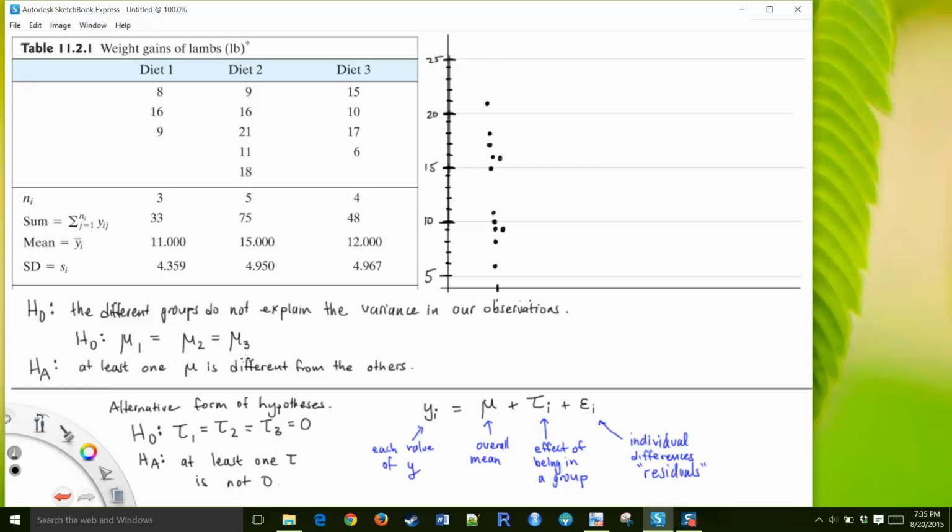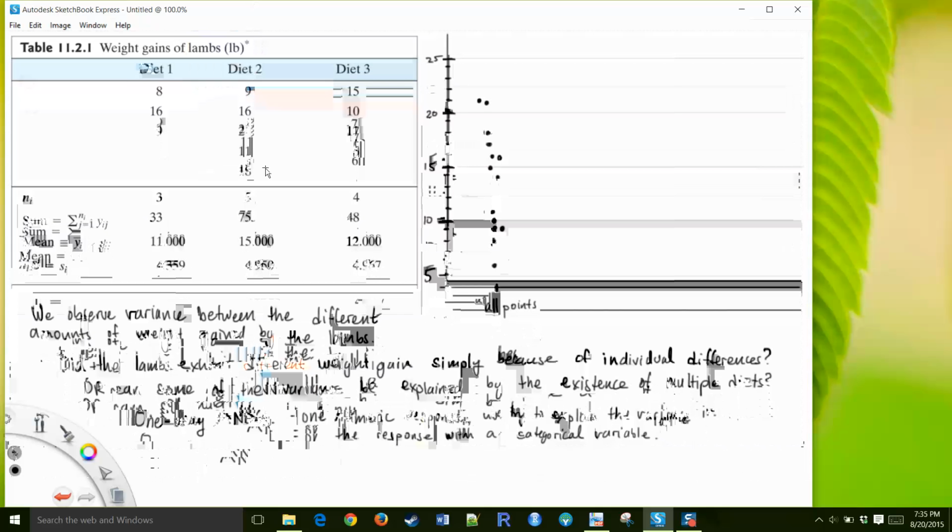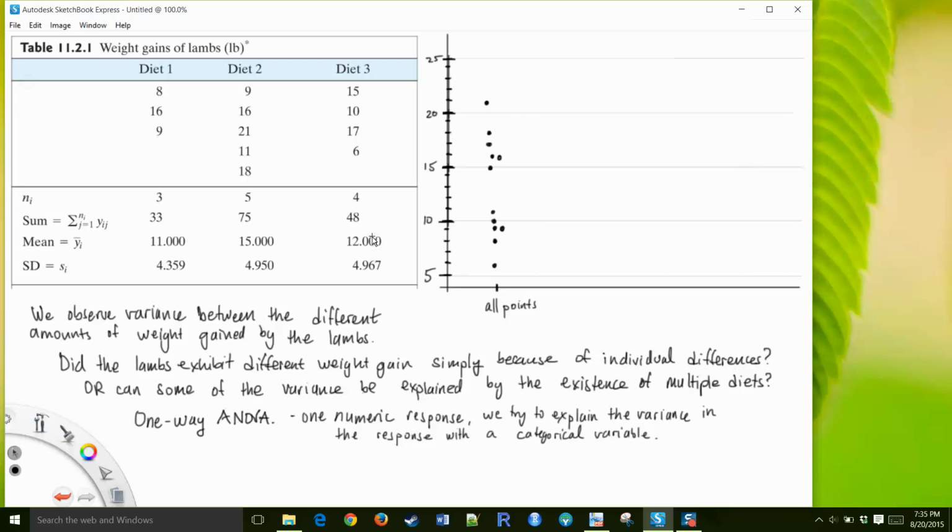So I'm going to create dot plots for each of these groups. Diet 1, Diet 2, and Diet 3. I'm going to plot each of these. So 8, 16, and 9.